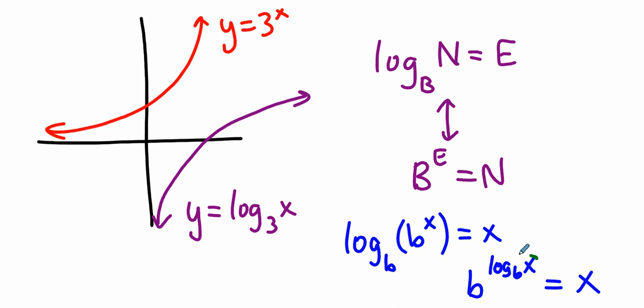Why? Because what is this number? This number is the exponent you put on b to get x. So if you take the exponent that you put on b to get x, and you put it on b, you get x. That's the way this works.